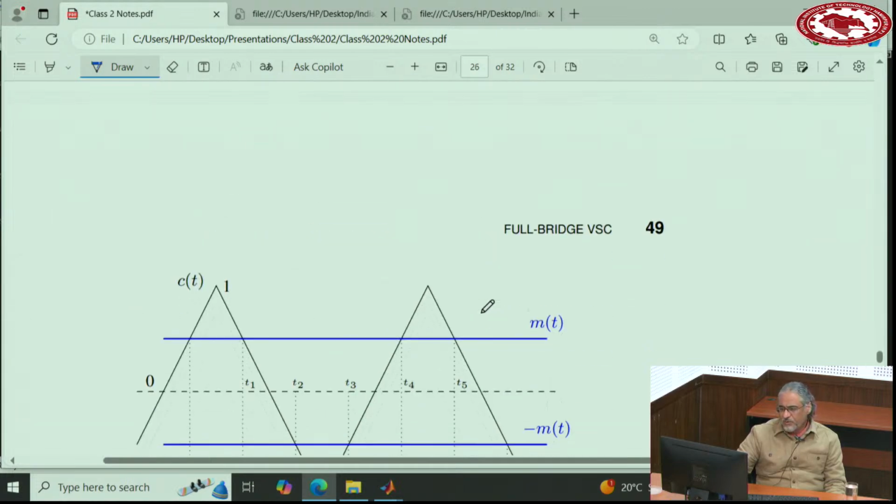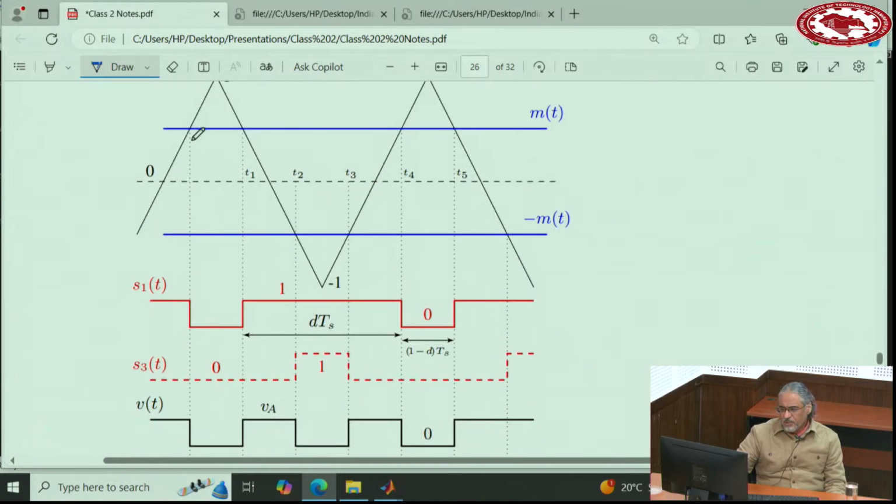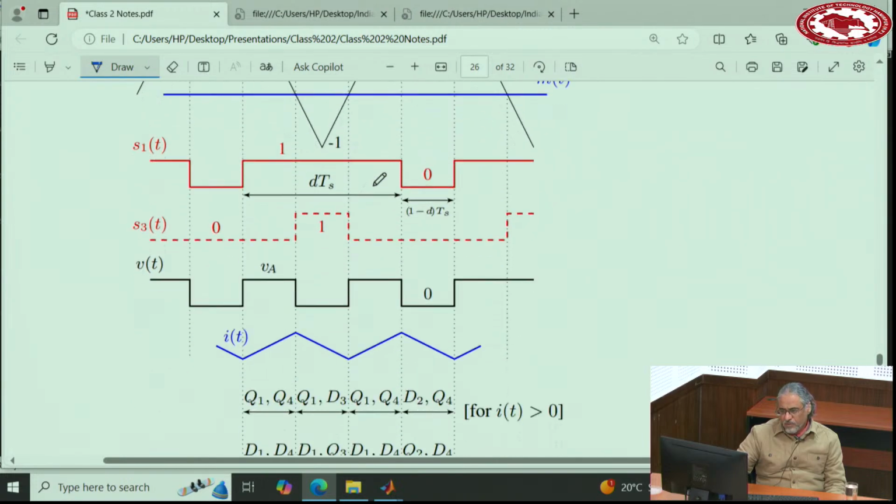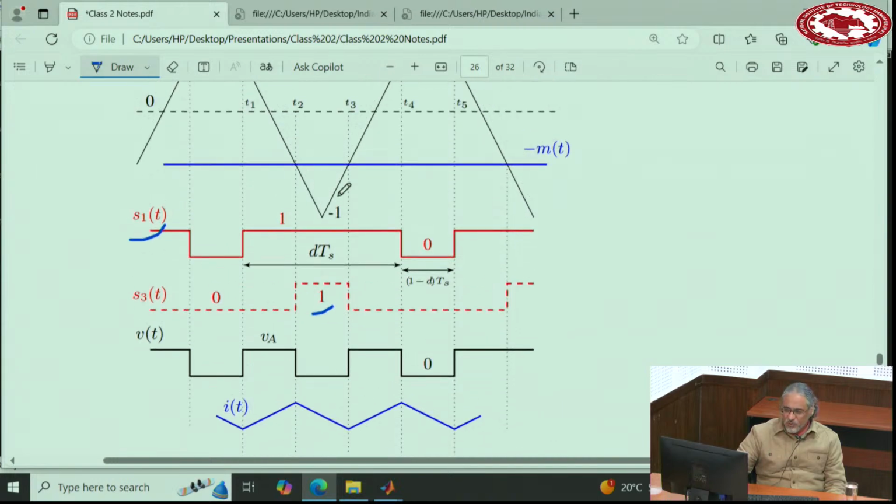If you look at this diagram here, you have now M and negative M. M is used in comparison with this carrier waveform to generate S1, and negative M is used to generate S3. During this time, when S1 and S3 are both on, you have the zero state.